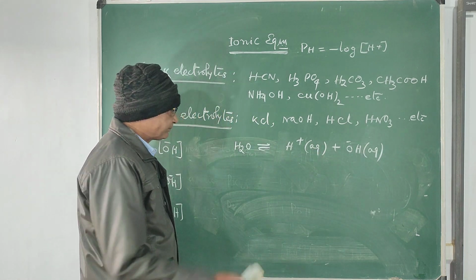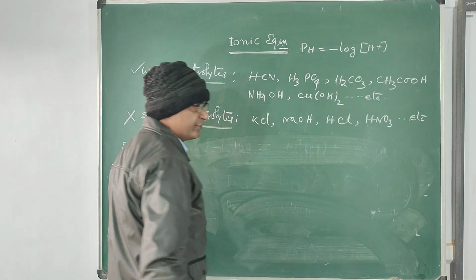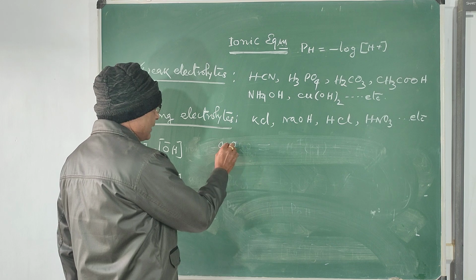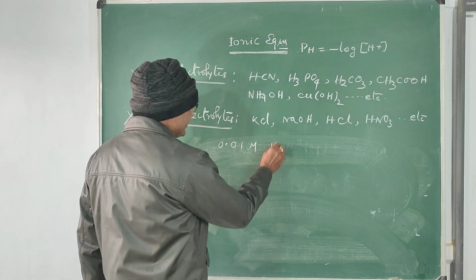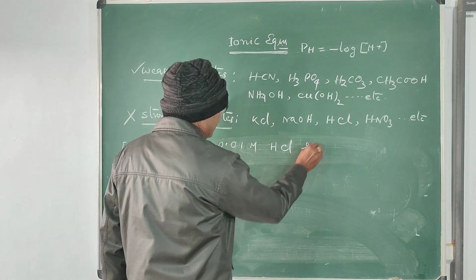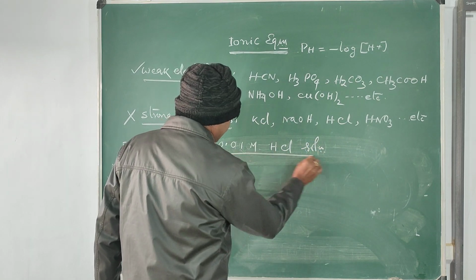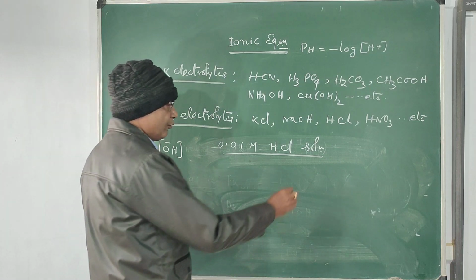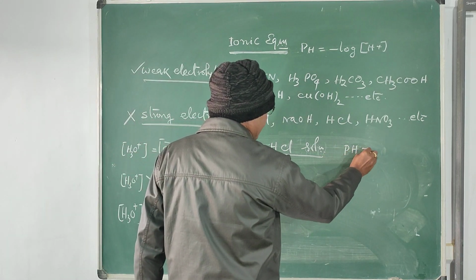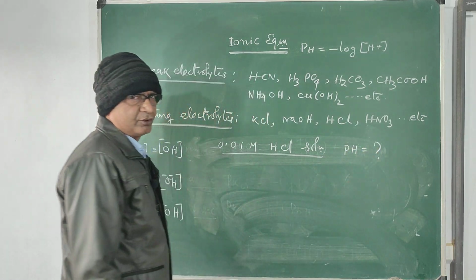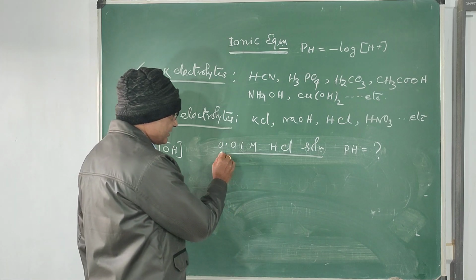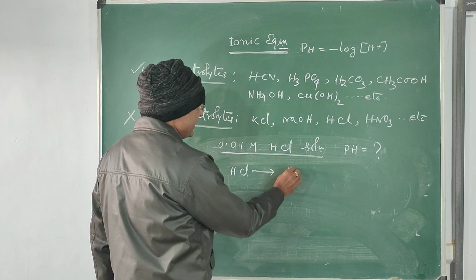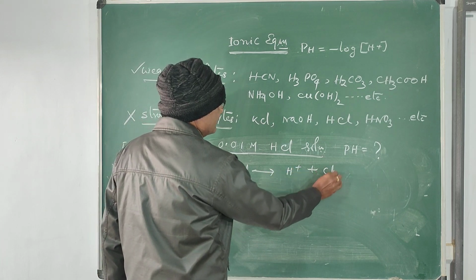Now let us see if we apply this relation. For example, 0.01 molar HCl solution is given. You know HCl is a strong electrolyte and you have to find the pH of the solution. This is the concentration of the acid given. HCl dissociates fully into H plus and Cl minus.